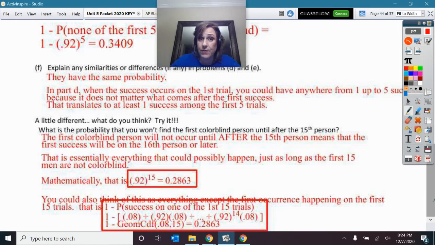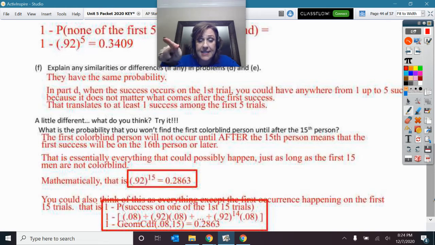All right, now here is an extension that's really going to lead us into the next lesson. So we have this: you won't find the first colorblind person until after the 15th person.